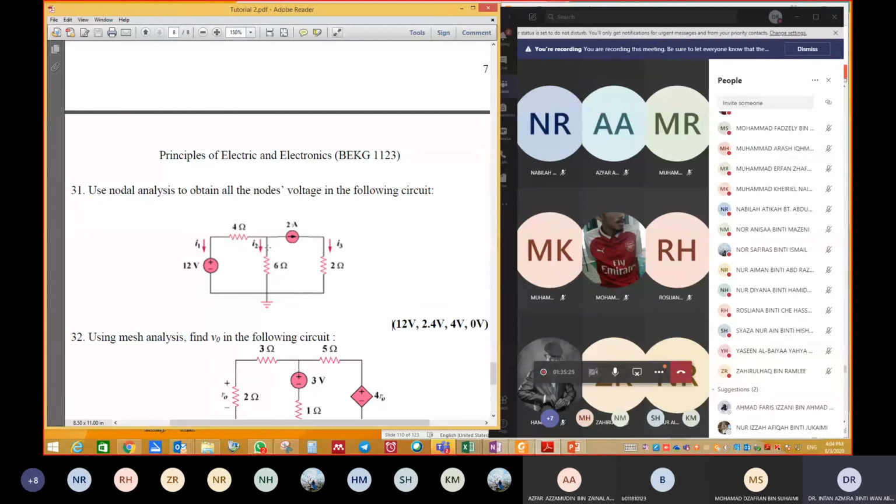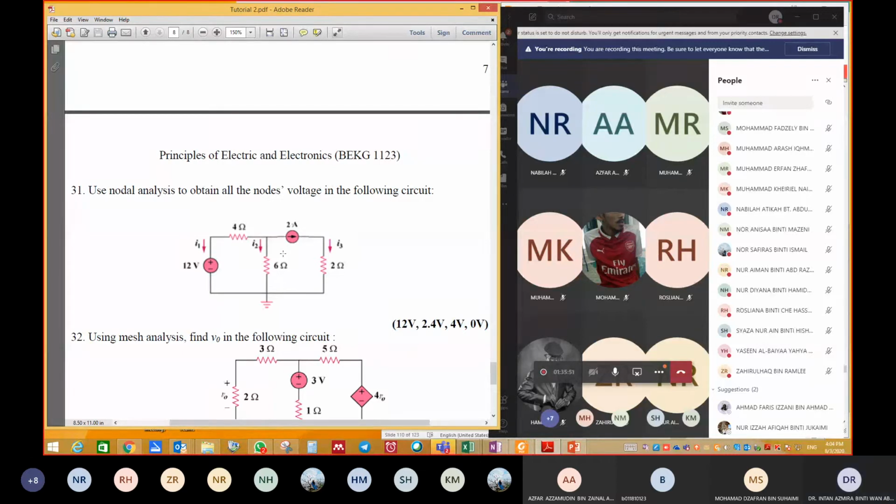I1 is equal to V1 minus 12 divided by 4. What is I2? I2 is equal to V1 divided by 6. No need to find the current here because we already have the current. It is 2. No need to find another equation.